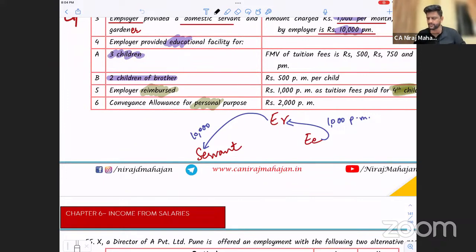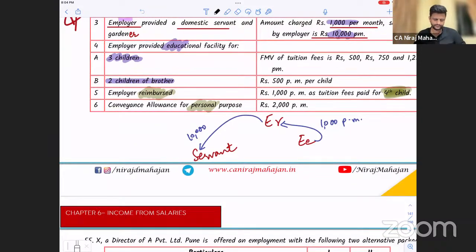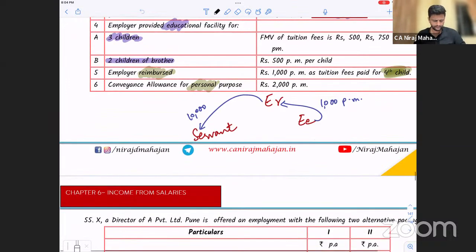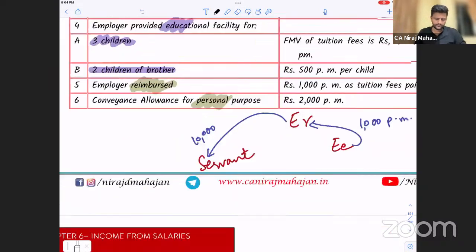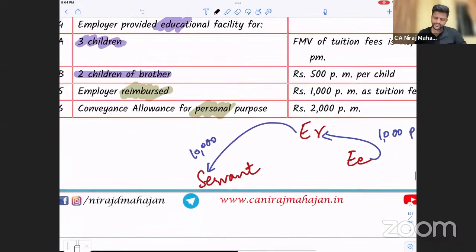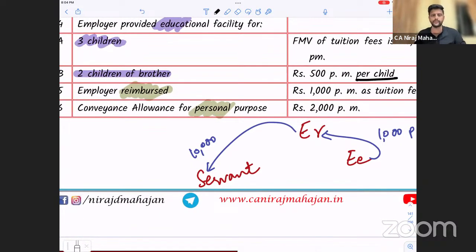For children of brother. Two children, rupees 500 per child.